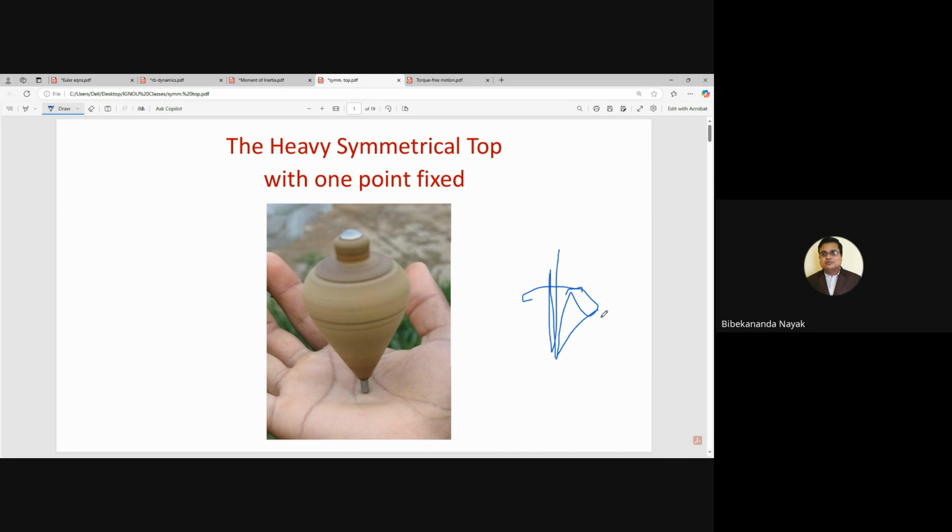One motion is the tilt; another is it is rotating itself about this axis. Third, sometimes it vibrates. So there are three kinds of motions available.